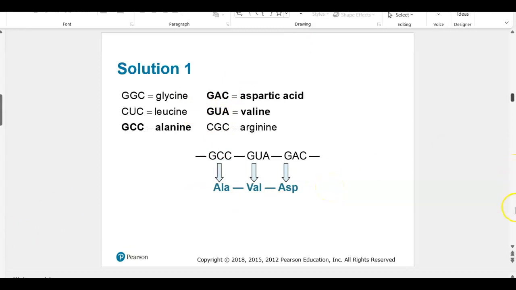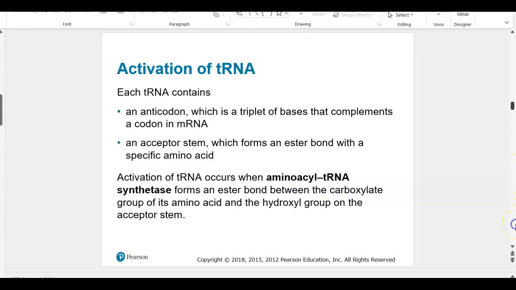Now, in order to get this to happen, you have to activate the transfer RNA. And what that essentially means is that an enzyme, aminoacyl transfer RNA synthetase, there is a specific one for each transfer RNA. You're going to have serine transfer RNA synthetase, you're going to have a tryptophanyl transfer RNA synthetase, and so forth.